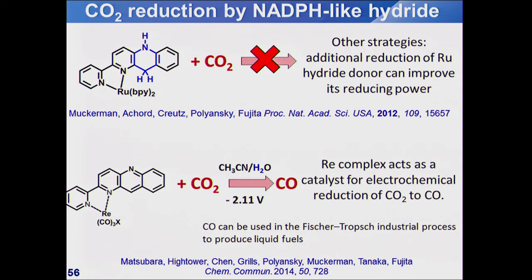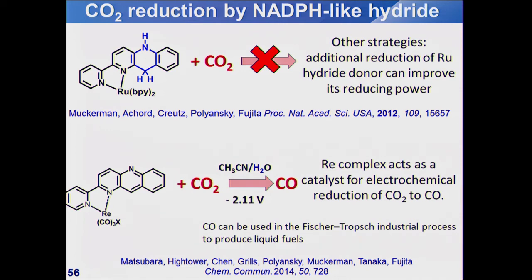We later found that unfortunately these types of systems, even though they are very nice models of natural NADPH, cannot directly place hydride on the CO2 because they just don't have enough reducing power to do that. We explored different strategies of increasing this reducing power by, for example, additional absorption of light and creating additional charge on these molecules.